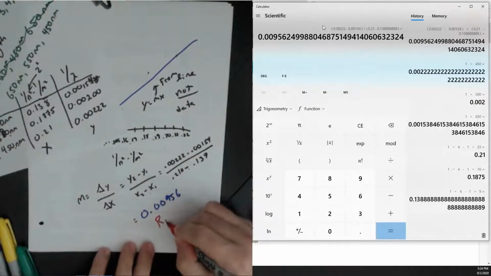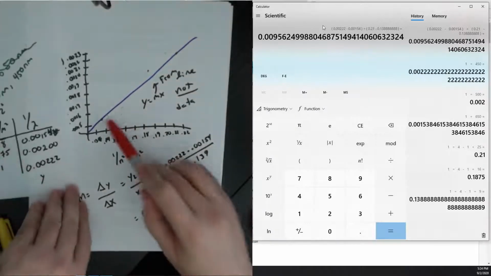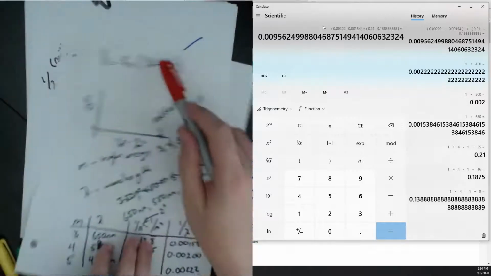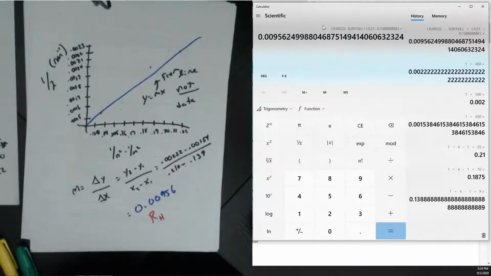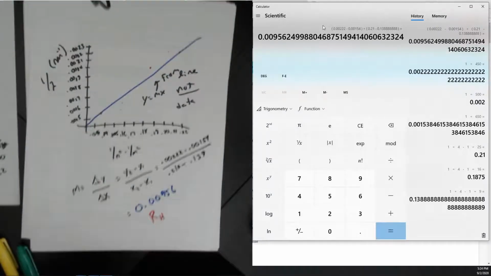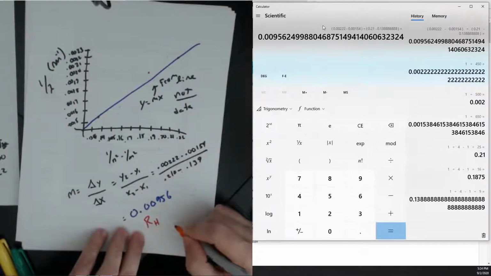This is the estimate of the Rydberg constant. Okay, that is what you're trying to find with the data. The slope here is supposed to be this, the Rydberg constant. Now the real value of the Rydberg constant, you'll be able to compare your answer to the real answer, which is, let's see, 1.097 times 10 to the 9.